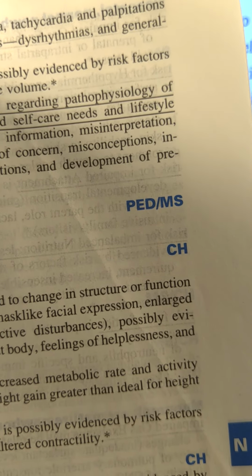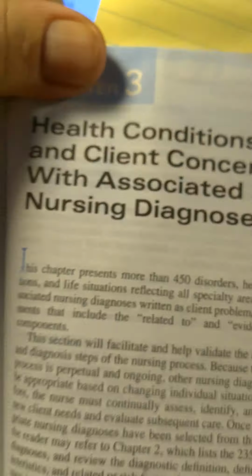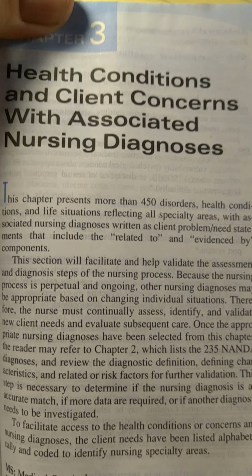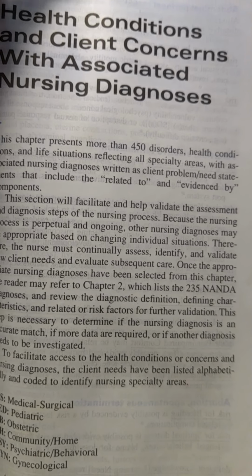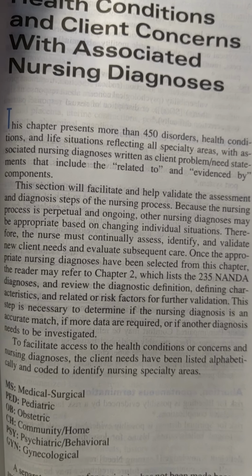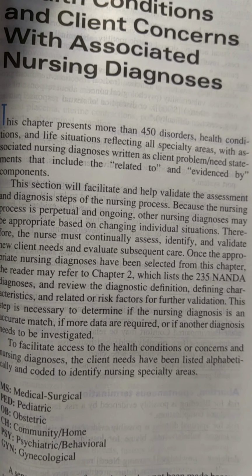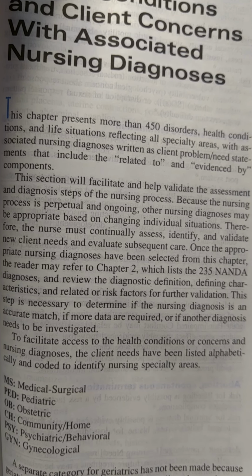So then the next thing, and I'll just pick one more, I don't want to flay this to death. In the 14th edition, this all starts around chapter 3, health conditions and client concerns with associated nursing diagnoses. So as it says, it's got 450 medical diagnoses across the board, and it gives you the problem statement for each, and it helps you do assessment.